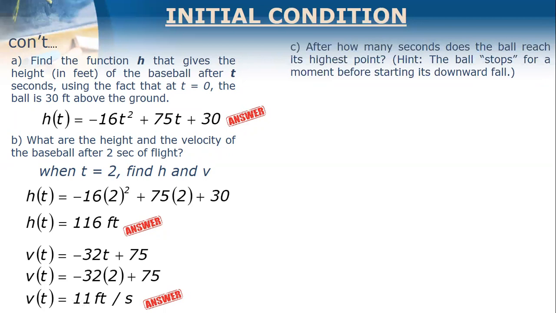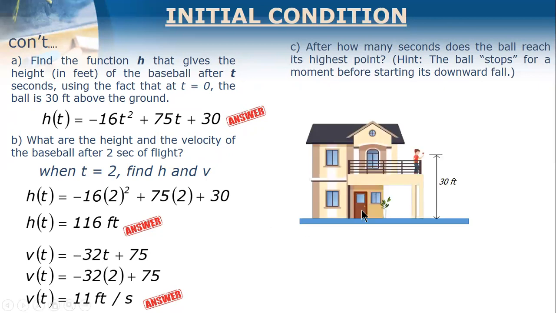Letter C. After how many seconds does the ball reach its highest point? Our hint is the ball stops for a moment before starting its downward fall. For example, the initial height of the ball is 30 feet above the ground, so it is released or thrown vertically upward until it will reach the highest point, such as this. So after how many seconds will the ball reach its highest point?